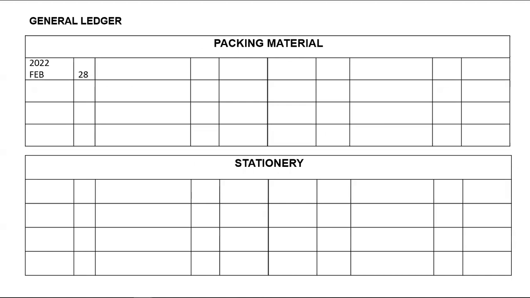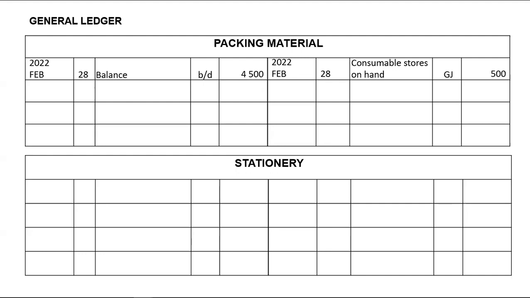Our packing material was sitting, as per the trial balance, at 4,500. We need to reduce that by packing material that we still have on hand, which was 500. No, that is incorrect. It's supposed to be 1,950. Just want to double check. No, actually, it is correct.